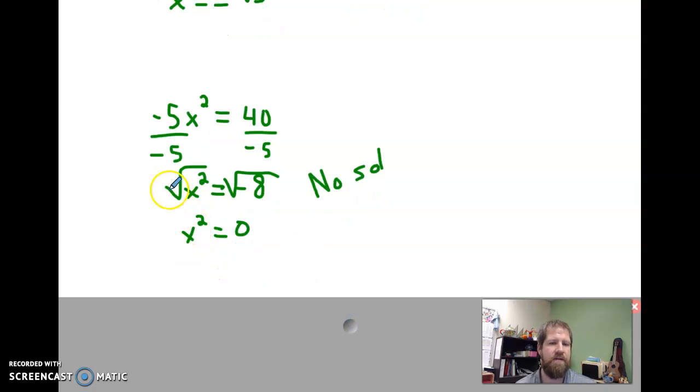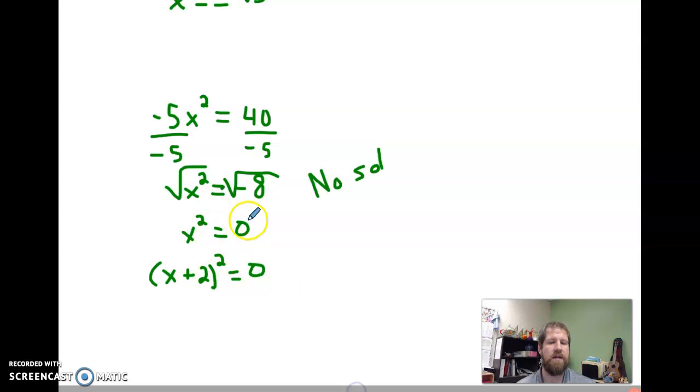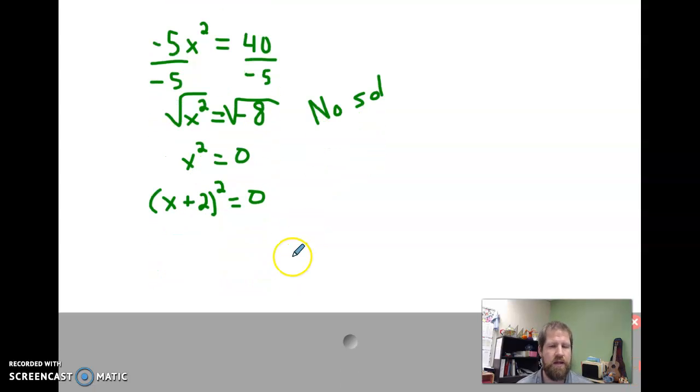Or I could have a situation like in the past video where I have, say, x plus 2 squared is equal to 0. This is going to give me one solution as well, because I'm taking the square root of 0, positive and negative 0, that's just 0.